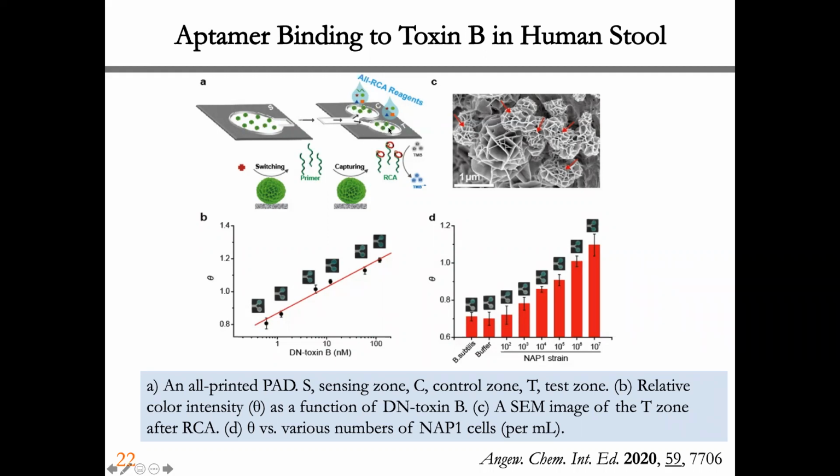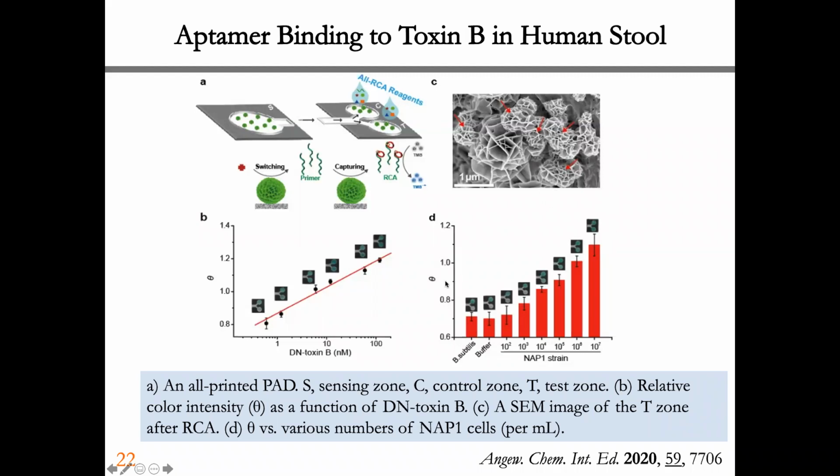The test zone, depending on whether we have toxin B, will generate a different intensity of color. As you can see, this is the control zone on top, consistently with that color. And this is the test zone, which has different intensities of color, depending on how much toxin B is provided in the sampling zone.